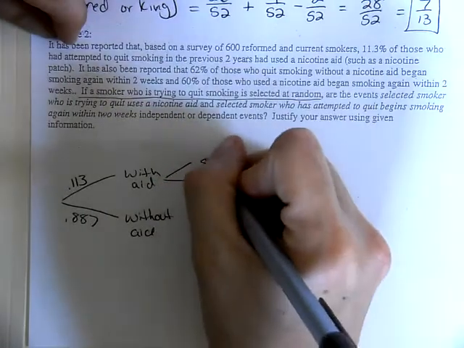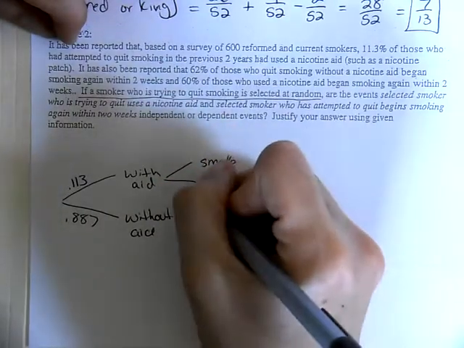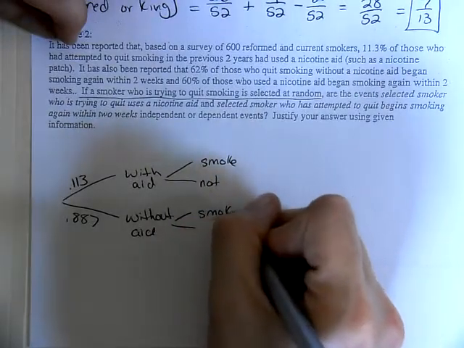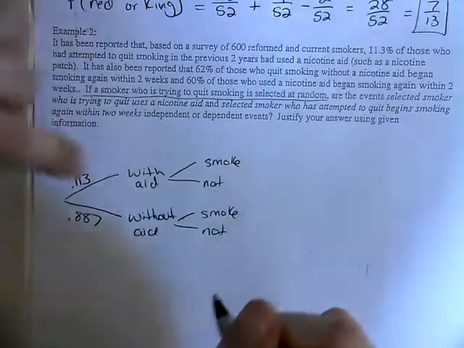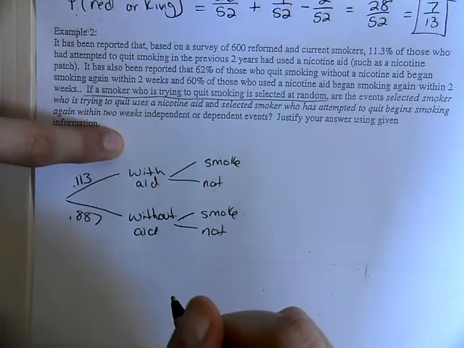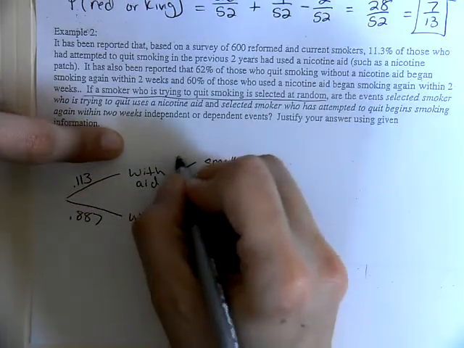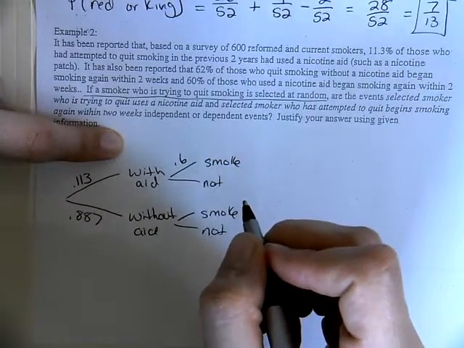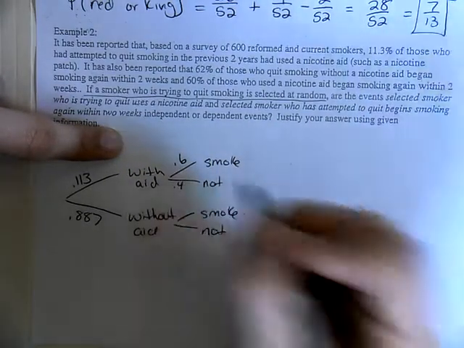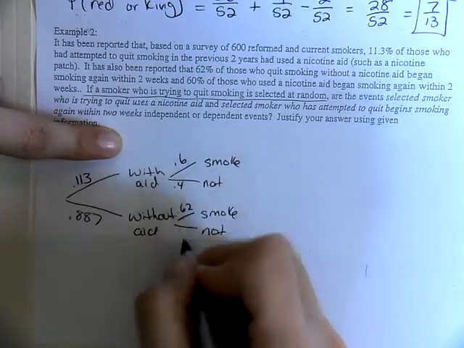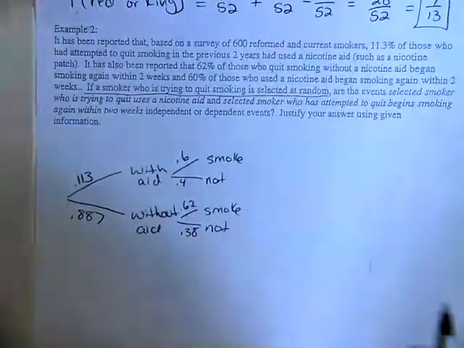Then they either smoked within 2 weeks or not. So for those who used an aid, 60% smoked again within 2 weeks, so 40% did not. Without an aid, 62%, so 38.